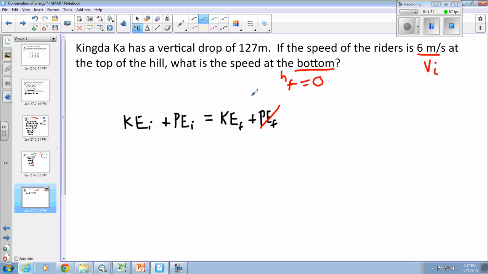One thing I want to note is there may be times when you're specifically asked for the kinetic energy. You may be asked, here's all this initial stuff, what's the final kinetic energy? For cases like that, I'm going to do this problem first by solving for the final kinetic energy and then I will solve for the speed at the bottom, and show you that this minor difference in procedure makes no difference in finding the final speed.